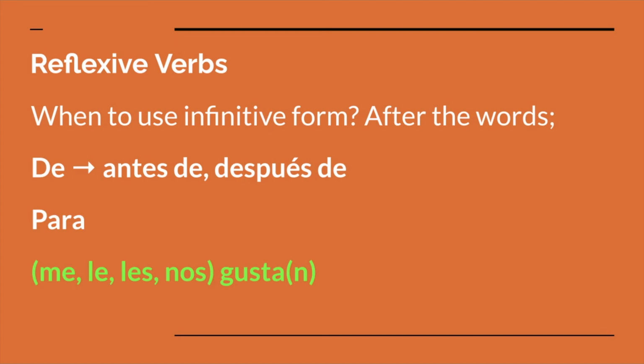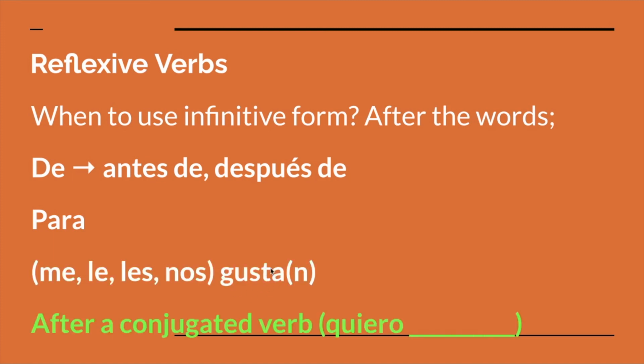So whenever we have gusta, whether it's me gusta, le gusta, les gusta, nos gusta, anytime we got gusta, we're going to use an infinitive because technically this is part of the next one, after a conjugated verb. Gusta is actually a conjugated verb.